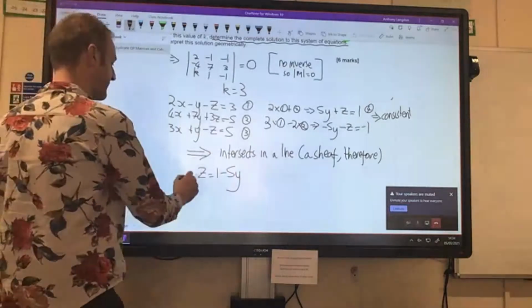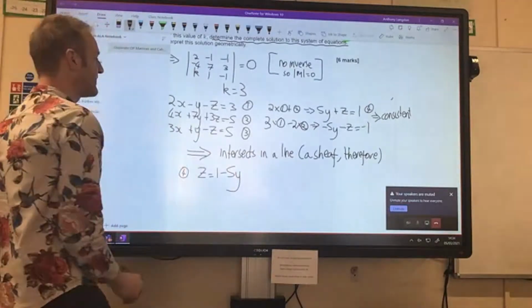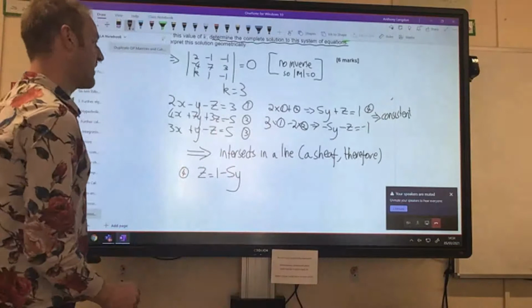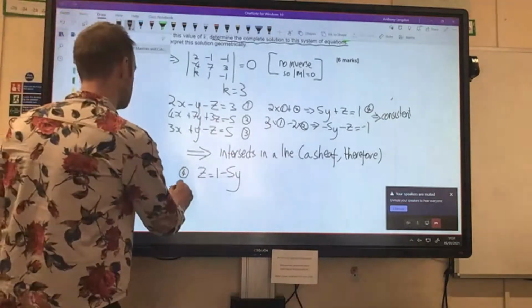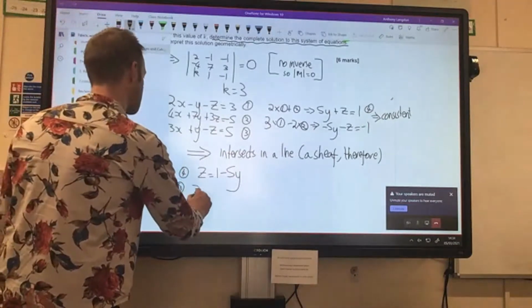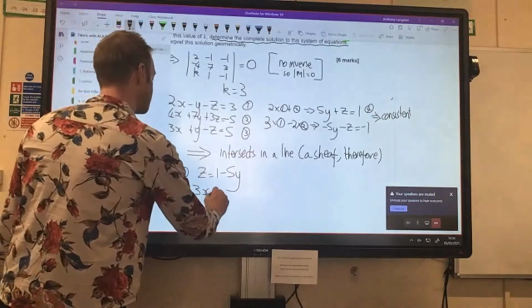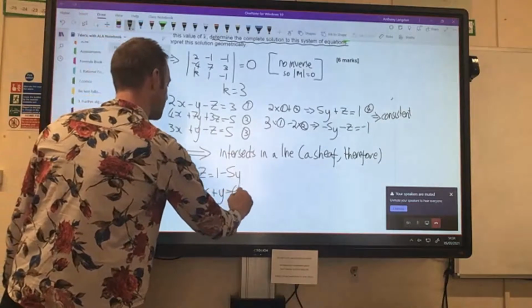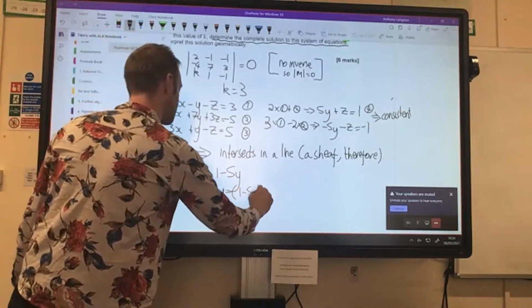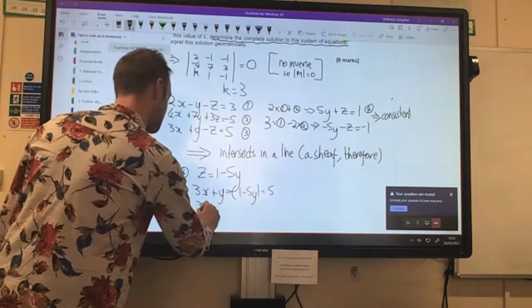That's equation 4. I'm now going to take any of the other equations. I think equation 3, which gives me 3x plus y minus (1 minus 5y) equals 5. And that gives me 3x.